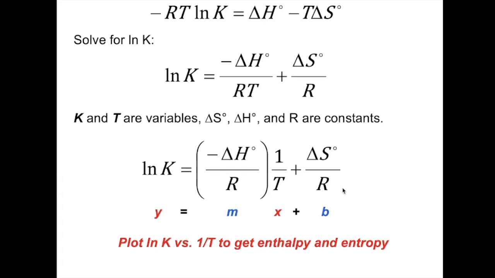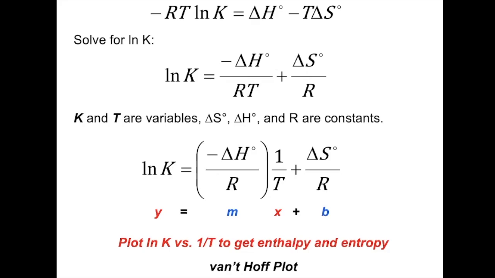I can know something about the entropy based on the y-intercept. Those two values on that plot suddenly become super, super useful, okay? So this is what we call a Van't Hoff plot. This is a relationship that Van't Hoff came up with that allowed us to get access to delta H and delta S using only temperature and K, assuming delta H and delta S did not change with temperature.